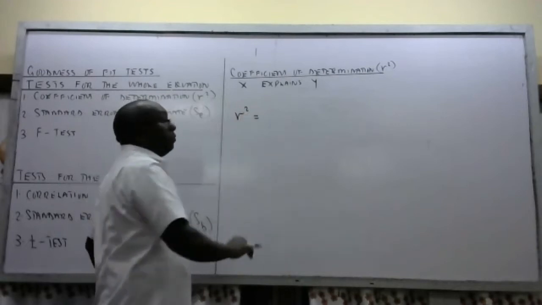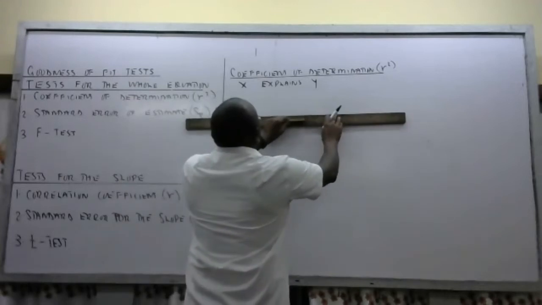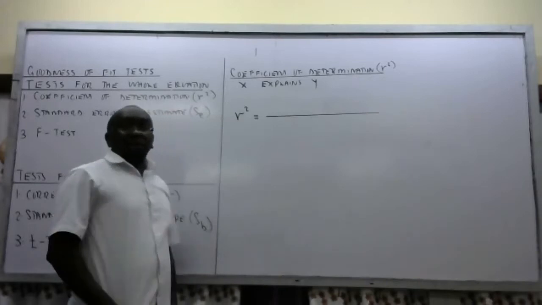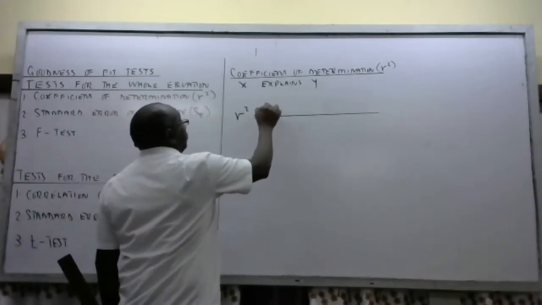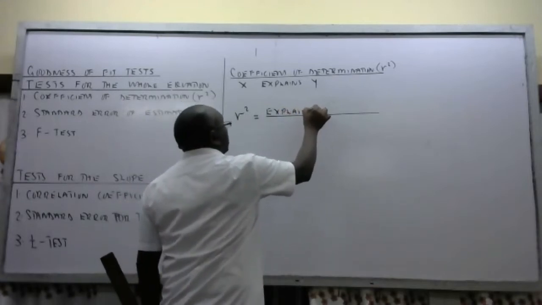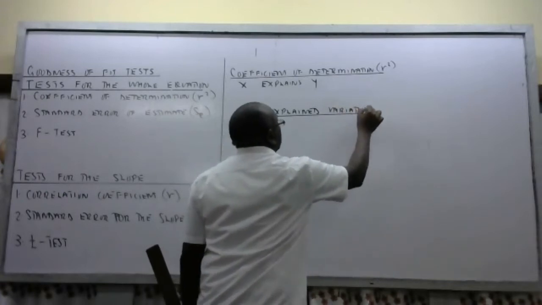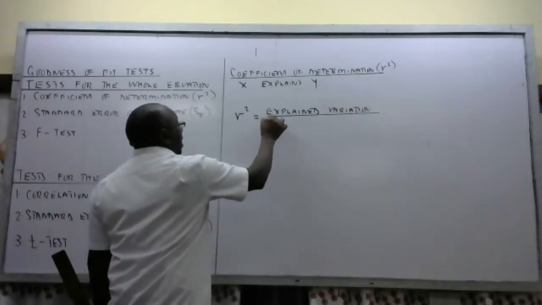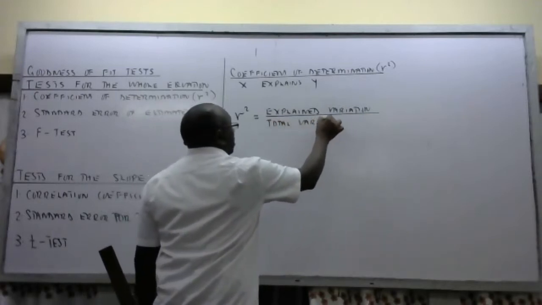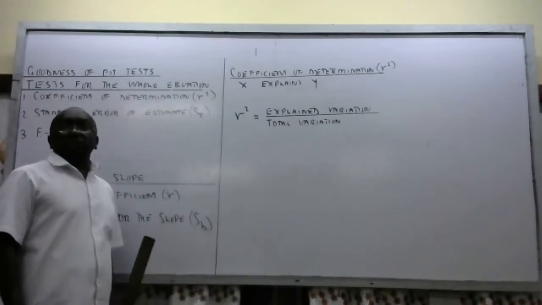It is computed as R squared equals explained variation divided by total variation.